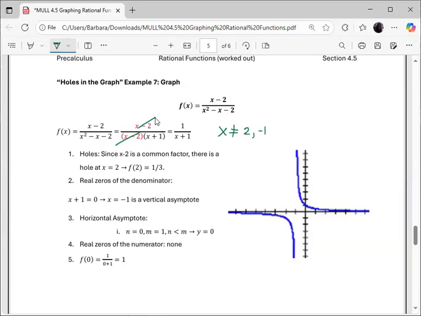All right, so that's my domain. Okay, but the 2 tells me, because it's a common factor, that we have a hole in the graph at x equals 2. So we plug that into the function and find f of 2, and we get 1/3.